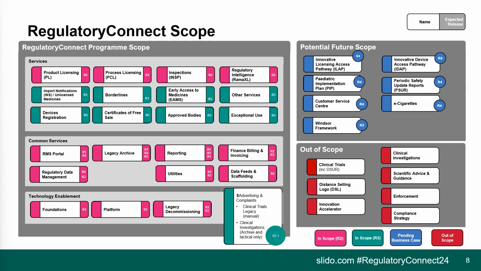And then on the right-hand side, as I say, we have placeholders for further releases to do continuous improvement and extend the scope to other areas of the agency's work. You'll see there the common services and the technology elements of the program, but really it's those services that you'll be interested in: what areas of work that you're involved in are changing through this program.